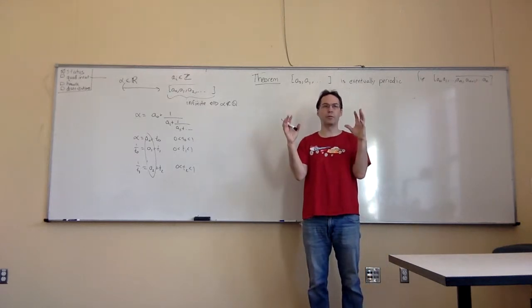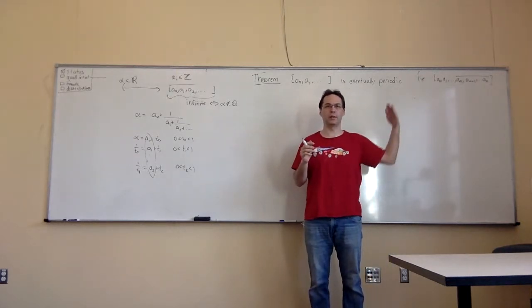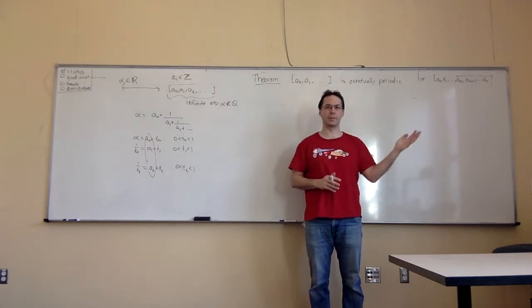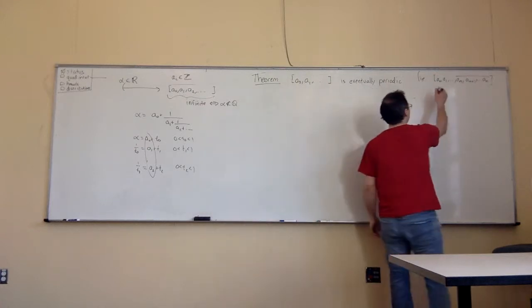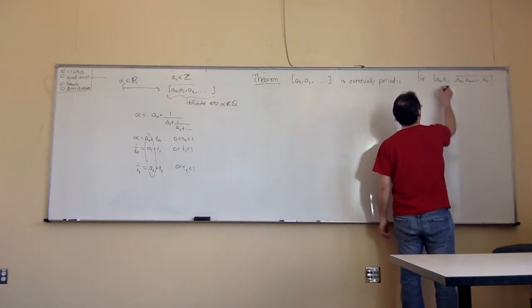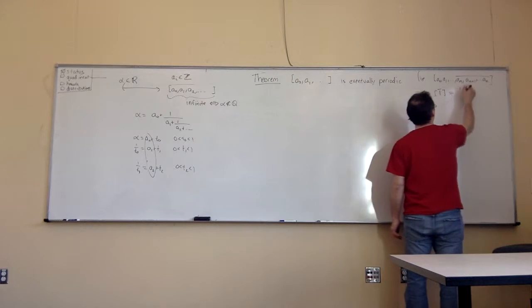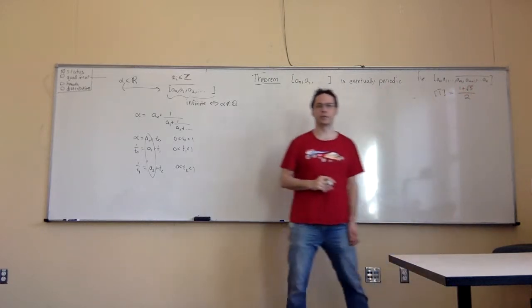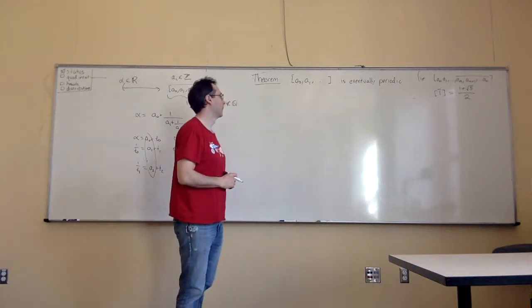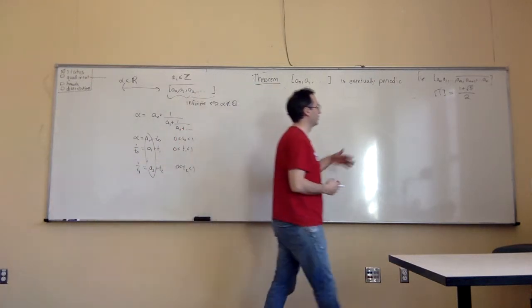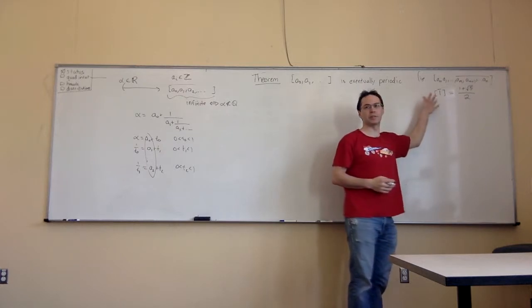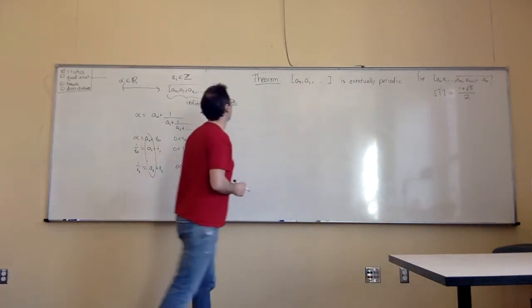So it could start out however you want, and then suddenly it just keeps repeating the same thing over and over again. Not some nice pattern, but the exact same thing repeatedly. An example is the continued fraction where it's just 1 repeated over and over again, and that's the continued fraction of the golden ratio. The numerators and denominators of the partial quotients are Fibonacci numbers, which is kind of funny.